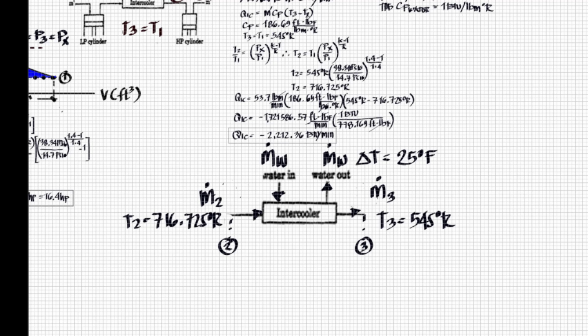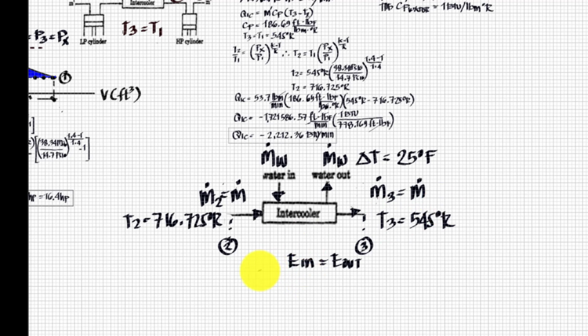Now, we will apply here the steady flow energy equation. Energy in equals energy out. Okay, so for energy in, we have the mass flow rate of water. The mass flow rate of air entering is also the mass flow rate leaving the system.